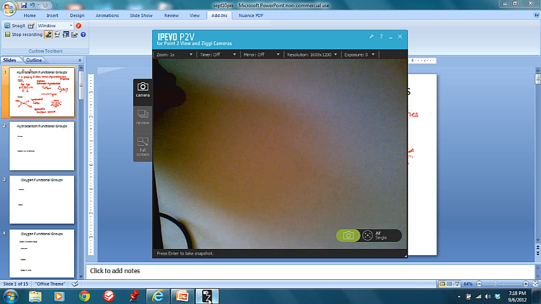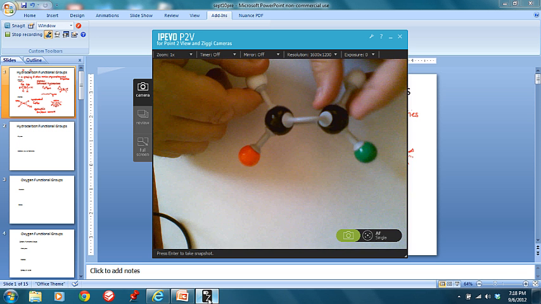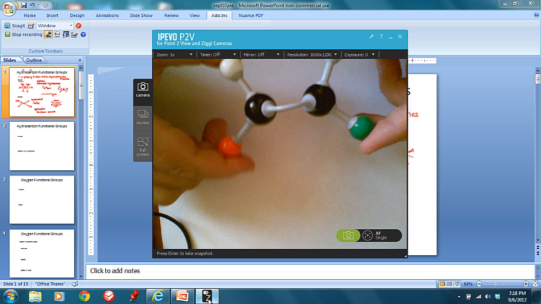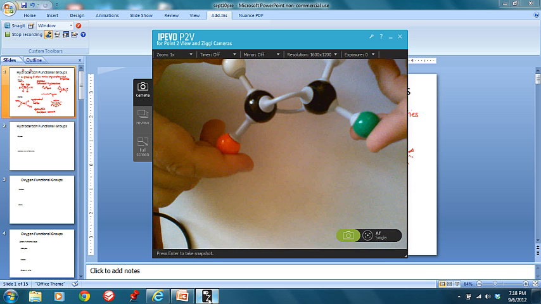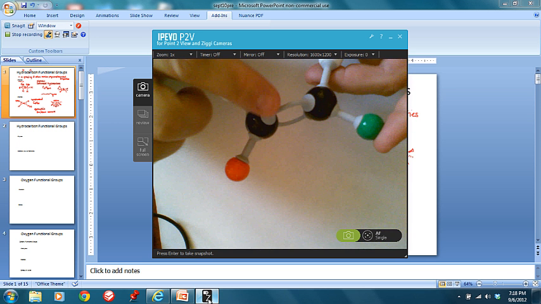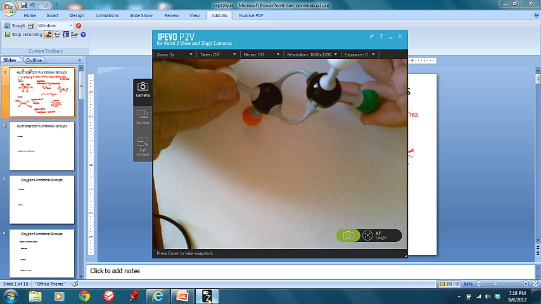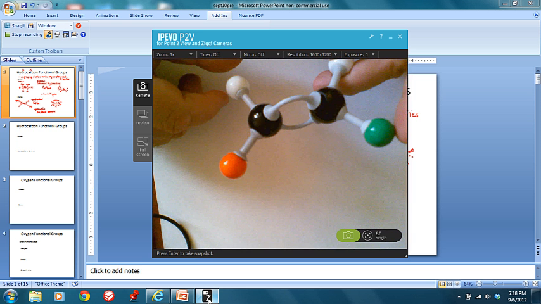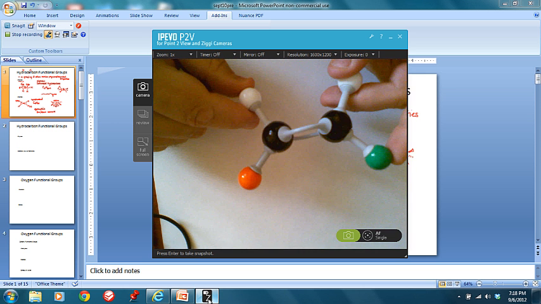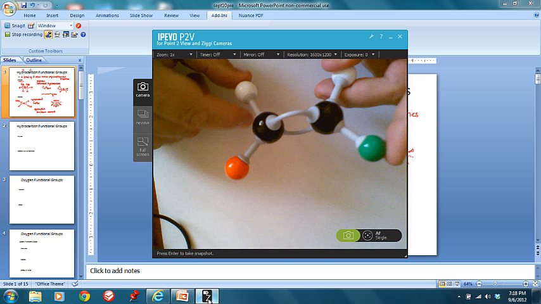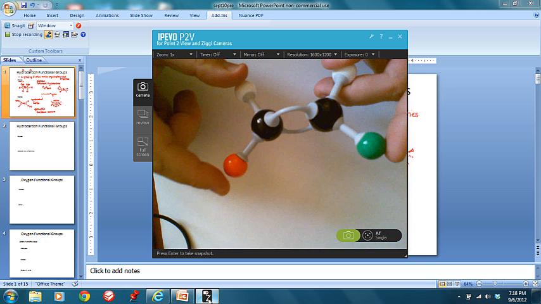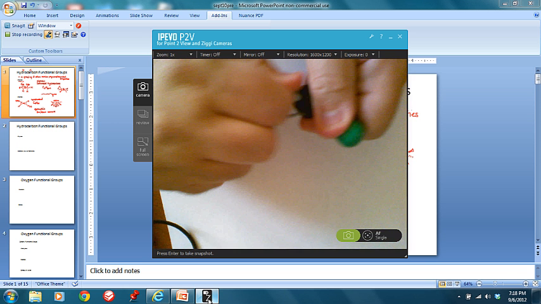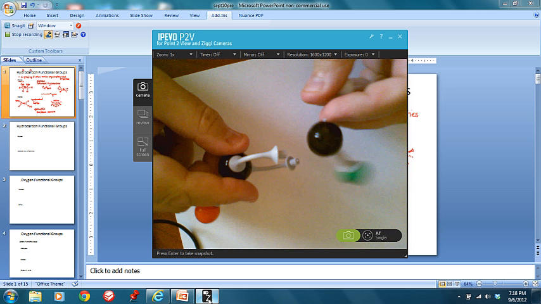On the other hand, in a carbon-carbon double bond I don't have that ability to rotate, because it's locked in position by the pi bond. So if I wanted, for instance, to have the green atom and the orange atom on opposite sides, I would physically have to break the pi bond.